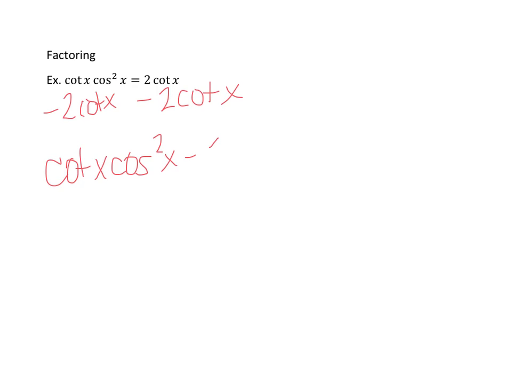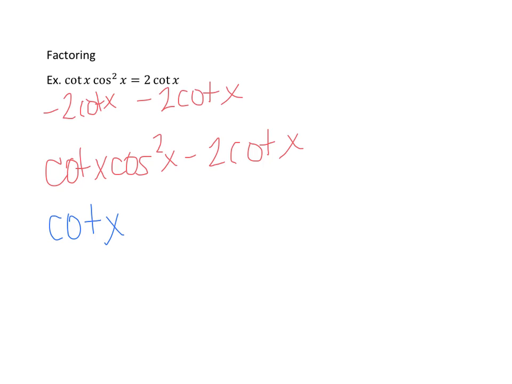Okay, let's talk about factoring to solve. First, if you have multiple terms that cannot be combined, you want to get them to one side. So I'm going to subtract my 2 cotangent x. So now I have cotangent x cosine squared x minus 2 cotangent x. They both have a cotangent in common, so I'm going to factor that out.